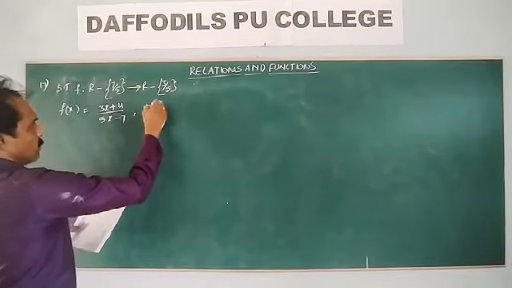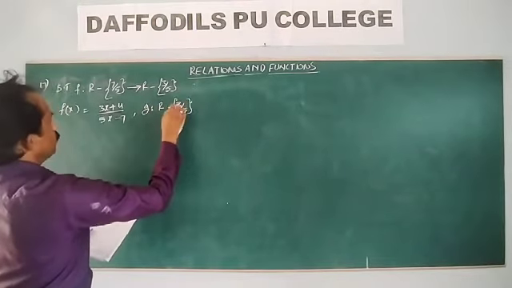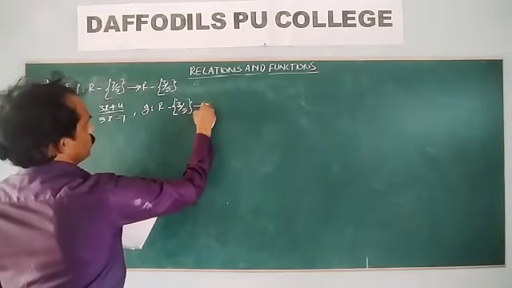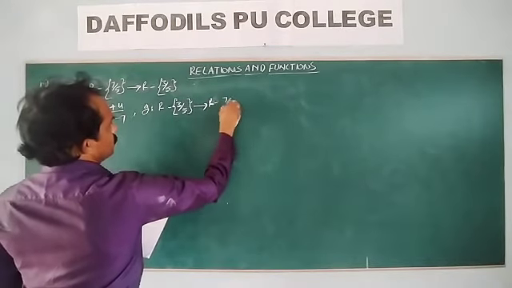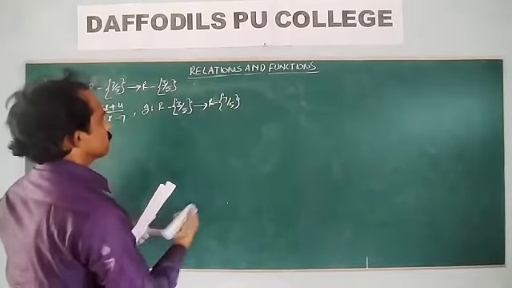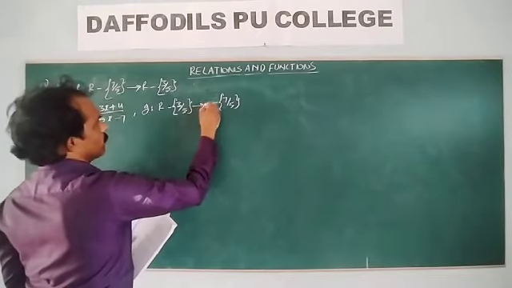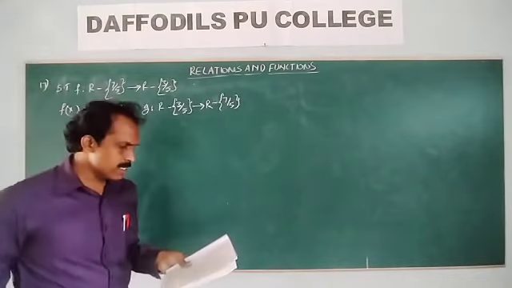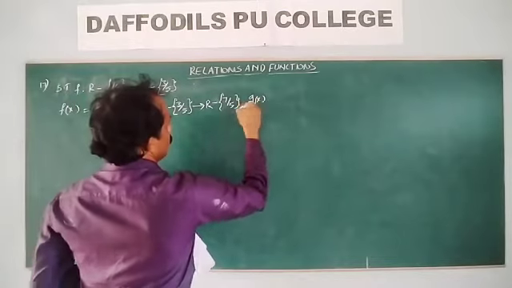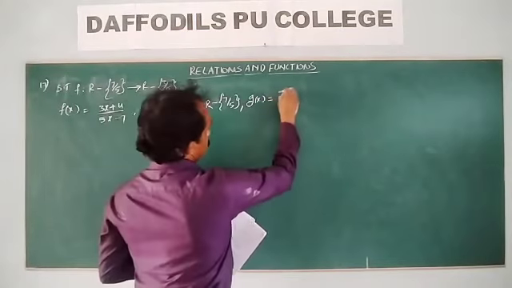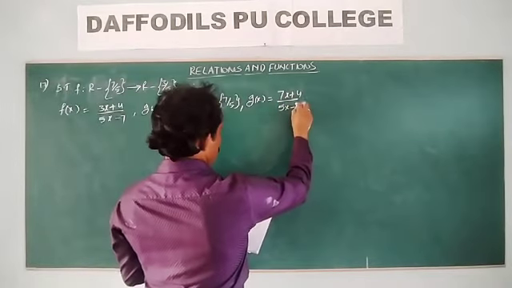One more function, g maps R minus 3 by 5 to R minus 7 by 5, is defined by g of x is equal to 7x plus 4 divided by 5x minus 3.